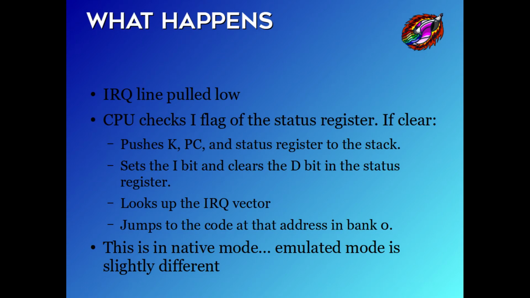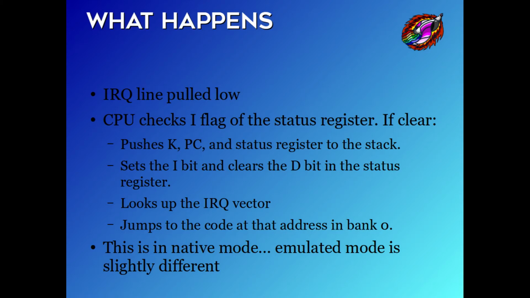So what actually happens when an interrupt comes in? The device will pull that IRQ line low, and the CPU will then check the I flag in the status register. If it's clear, it will push the program bank K, the program counter, and the status register to the stack.